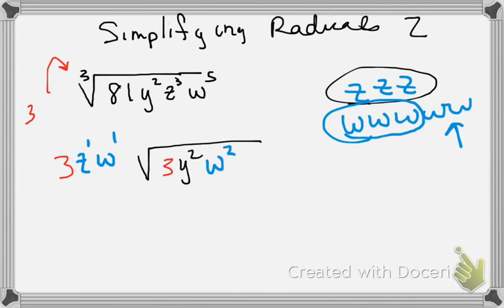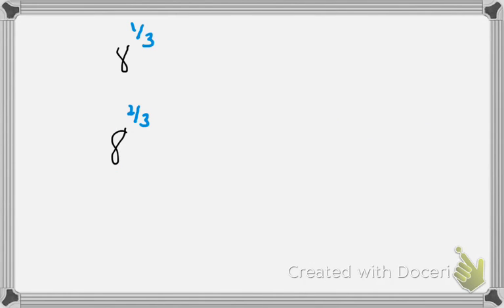Now, I have another one I want you to try. What happens if we have an exponent with a power on it? Well, this actually can turn into a radical. A lot of people don't know this. The first number is my power, and the second number is my index. So this is really what it looks like.